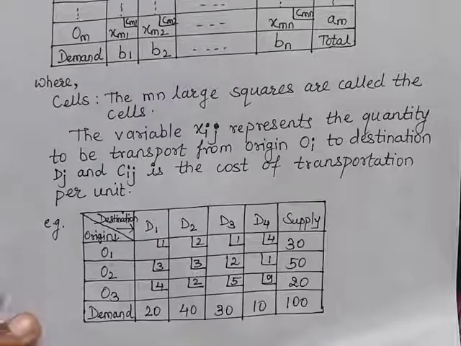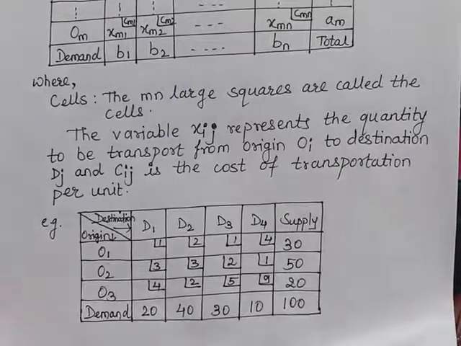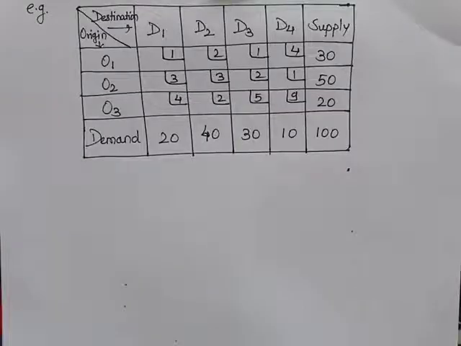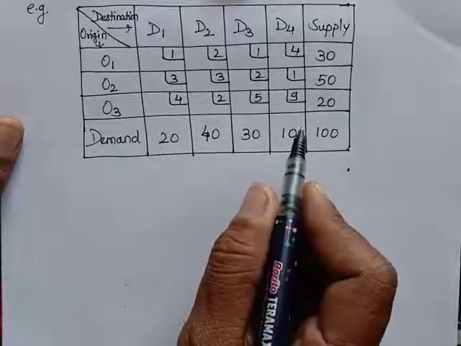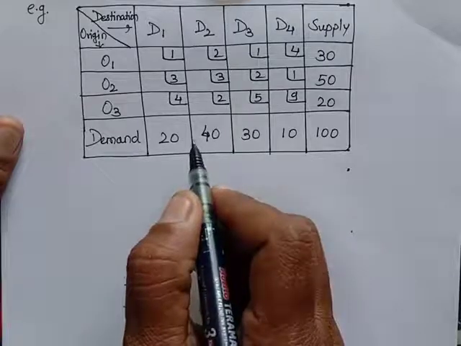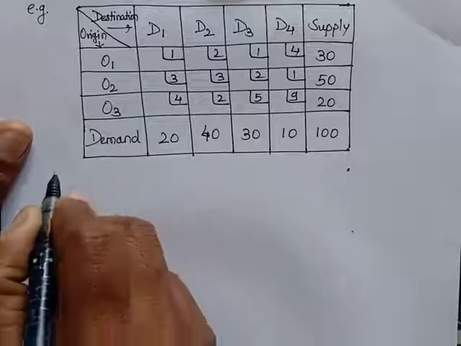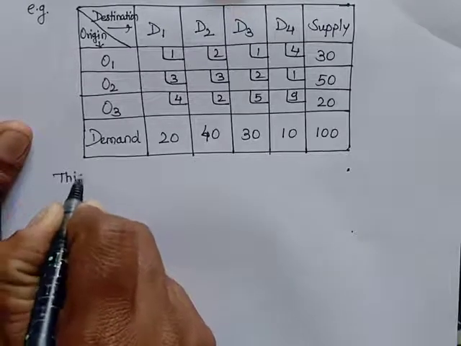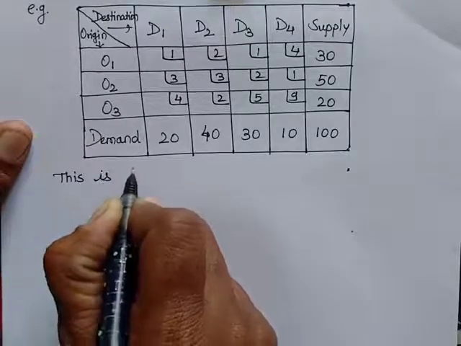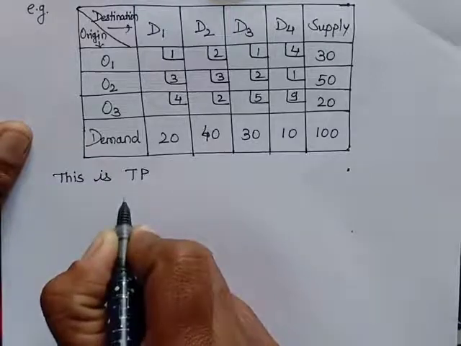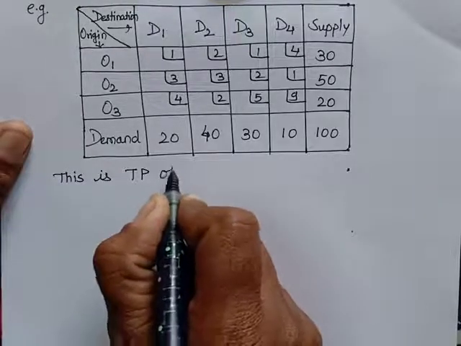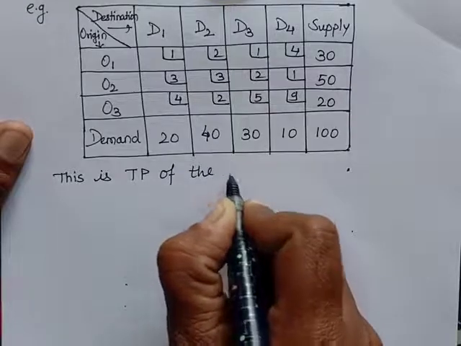So now further let's see how to write it in the form of a linear programming problem, or LPP. Same example I am taking here, and suppose we have to write this as a linear programming problem. This is the transportation problem as an LPP.